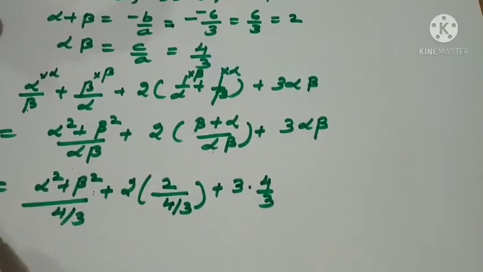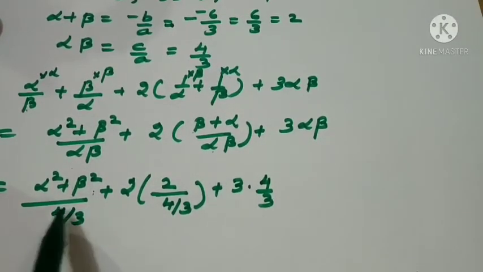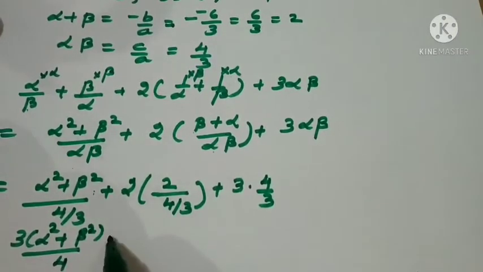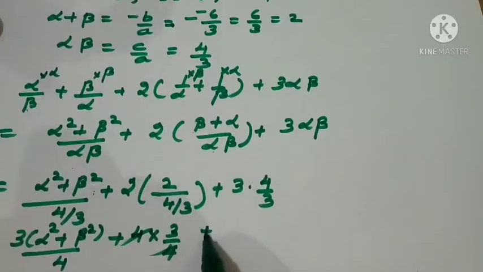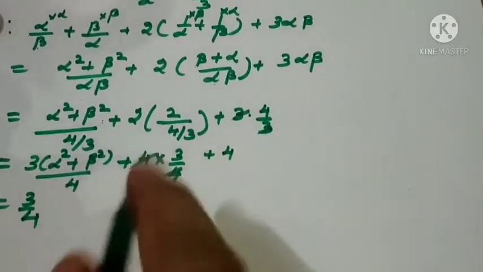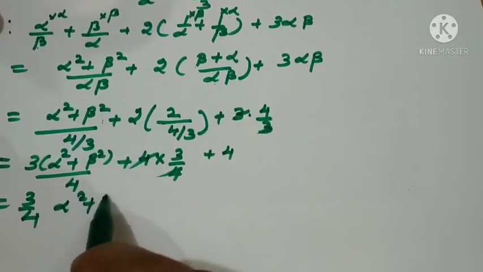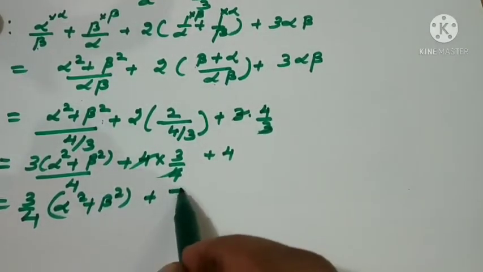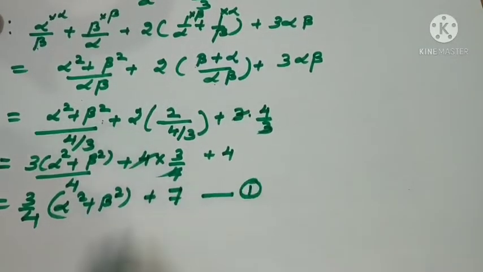So we'll write here, 3 will go in the numerator, by 4 plus 2 into 2, 4 only, into 3 by 4, plus 3 will get cancelled. So 3 by 4 into alpha square plus beta square plus 7. This is our equation number 1.